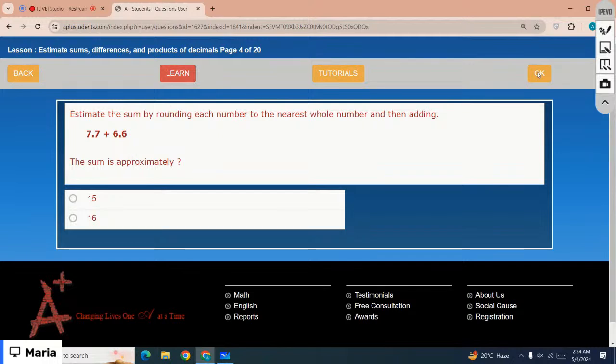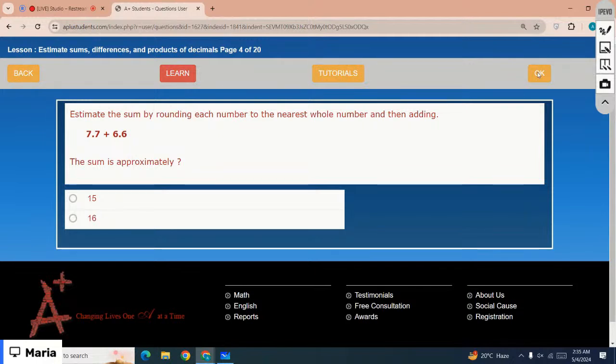Estimate the sum by rounding each number to the nearest whole number, then adding. 7.7 plus 6.6, which is the correct option? 7.7 plus 6.6.